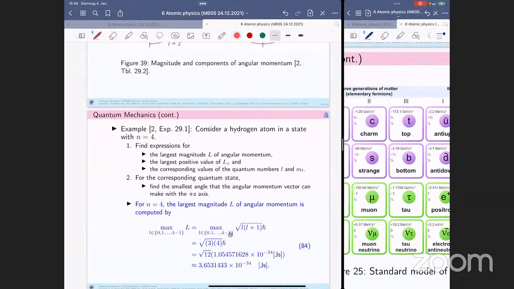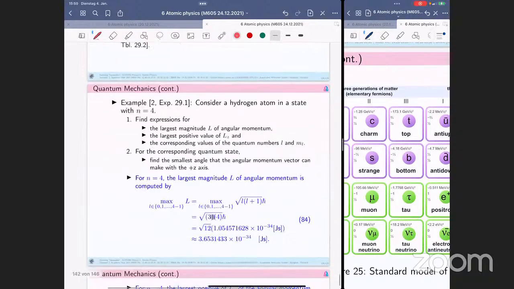For the case when L is equal to 3, we get square root 12 times h slash. That gives 3.65 times 10 to the negative 34 joule seconds, which is the largest magnitude of the angular momentum for the state n equal to 4.